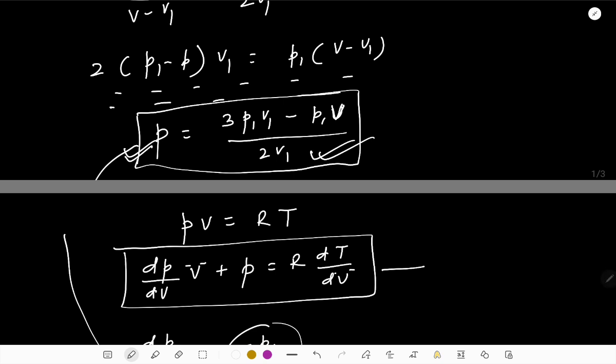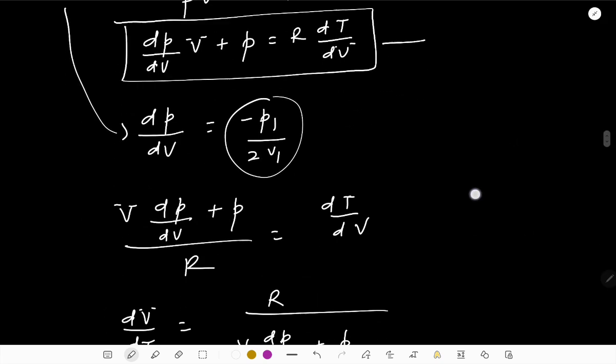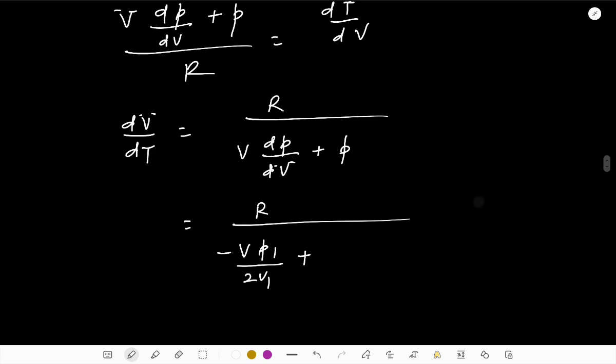I can take P1 out and write 3V1 minus V divided by 2V1. So I'm going to write this value of P here, and this will be simply P1 times 3V1 minus V divided by 2V1. Yeah, this is the value of dV upon dt.